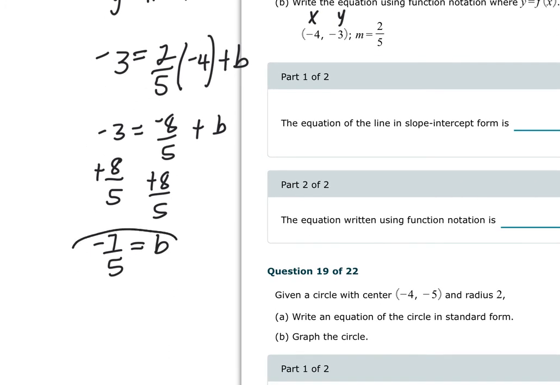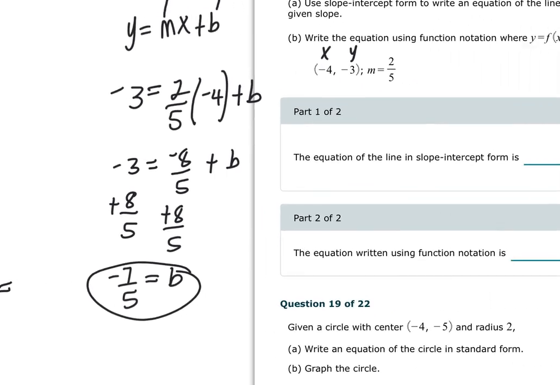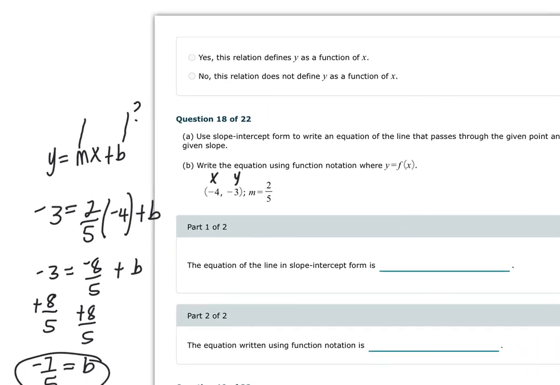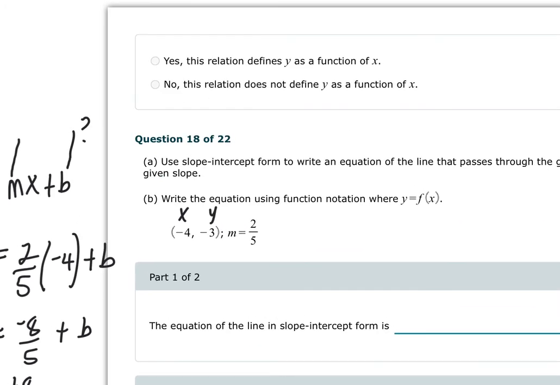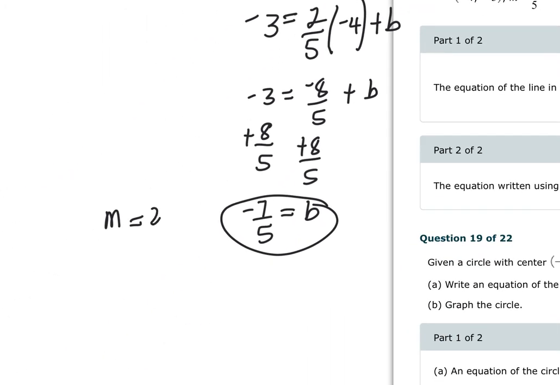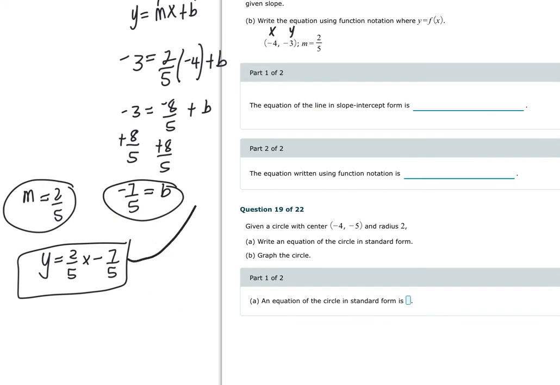So I know that b is -7/5, and I know that the slope is 2/5. So y equals 2/5 x minus 7/5 is the equation of the line. And so this would be your answer for part 1.